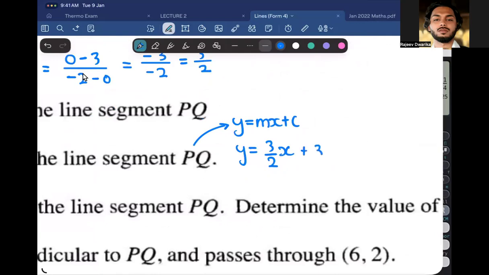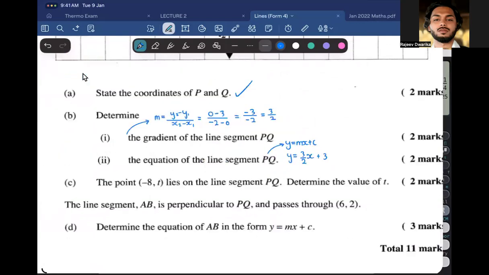That's it. If they did not give you the y-intercept, and instead they give you a point on the line, do you know how to handle that? I think so. Okay, so here what I'm saying, you have the gradient and you have a point on the line. What can you do to find the equation?